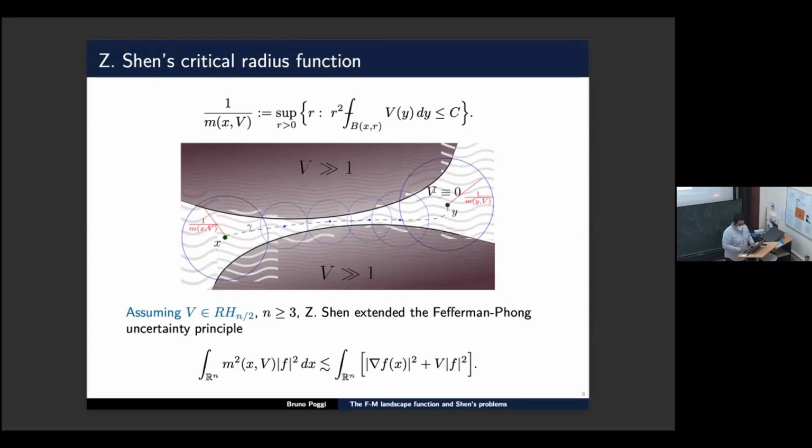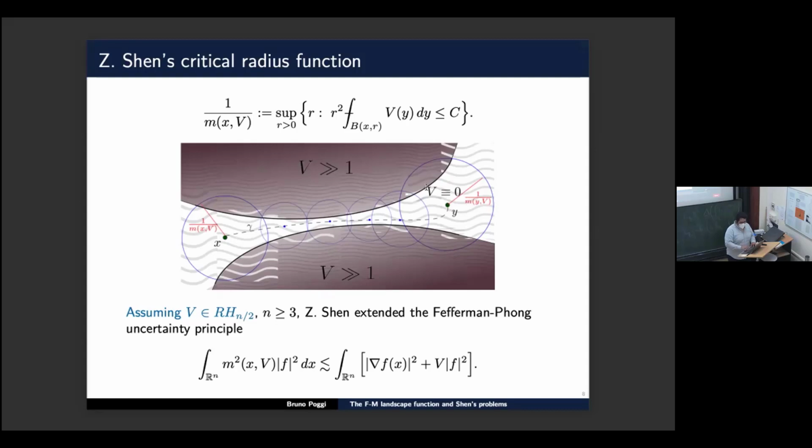M will give you the correct weight, essentially because of this picture. The potential can be 0 on some parts of the domain, and if you have an Agmon distance in this white part where V is 0, the Agmon distance will not differentiate these two points x and y.